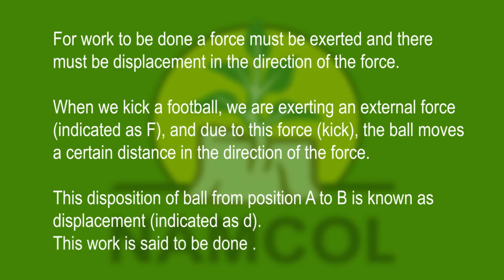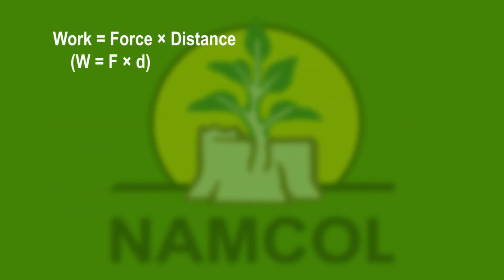This work is said to be done and can be calculated as W equals F times d. Work is equal to force times distance, and that is equal to F times d. The unit of work is joules, indicated as a capital letter J.